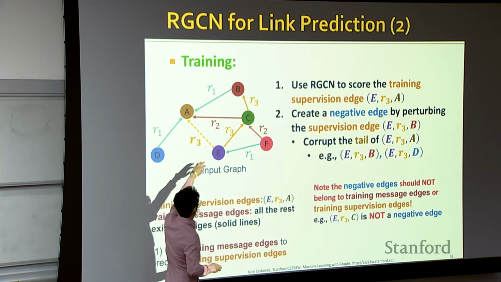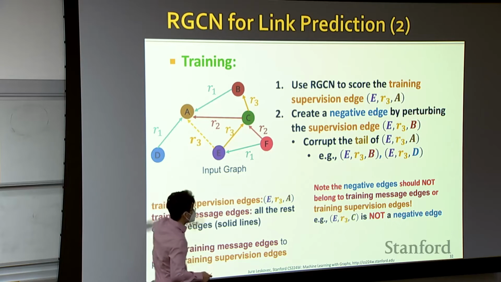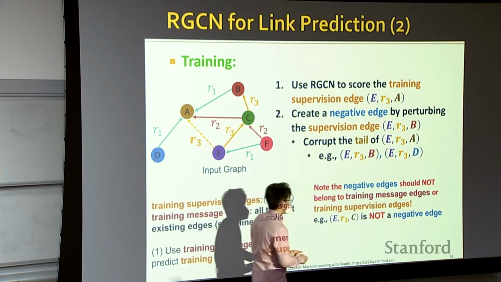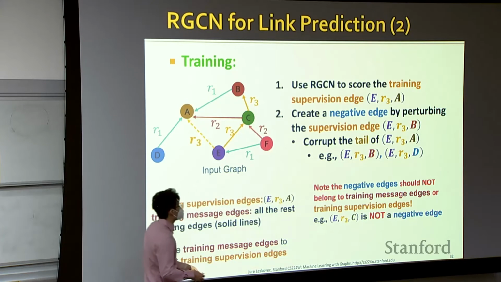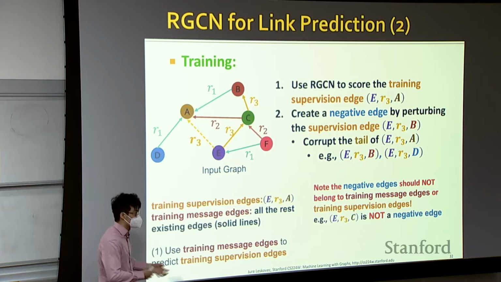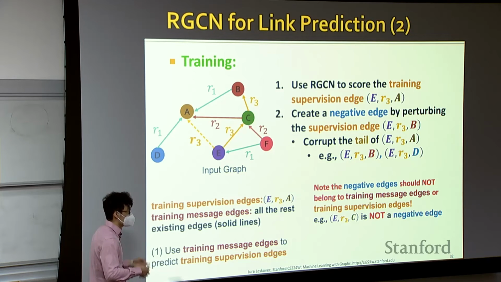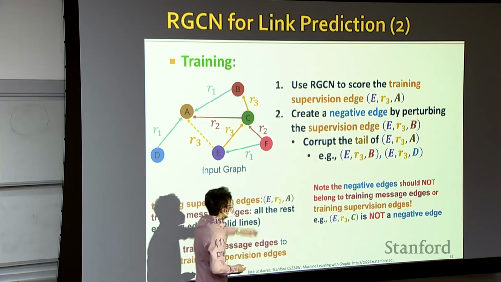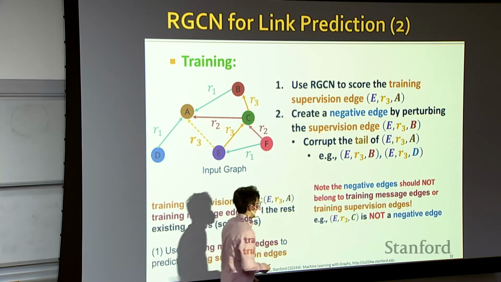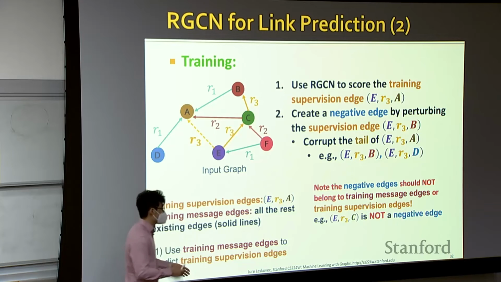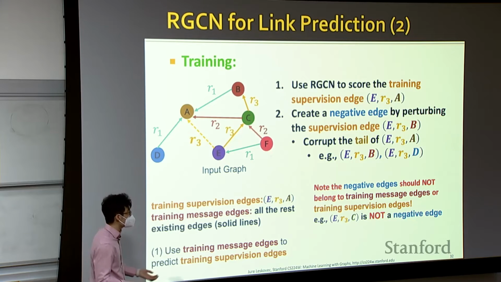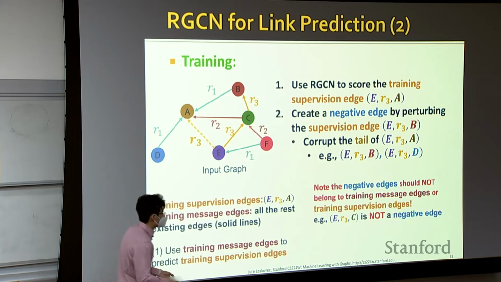We talked about this tuple from E, R3 to A as one particular tuple for the score, and we can use the same idea to score all the supervision edges in the network. And the second step is to perform negative sampling. We didn't dive into details about negative sampling in link prediction earlier. It is a good time to discuss it now.